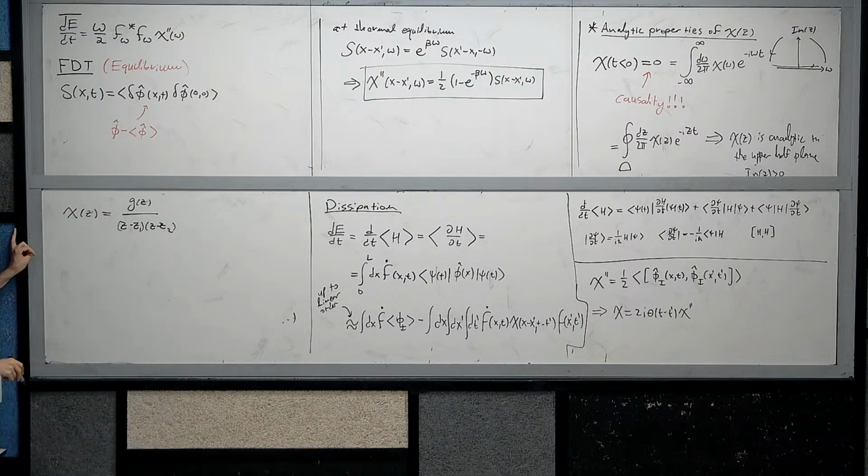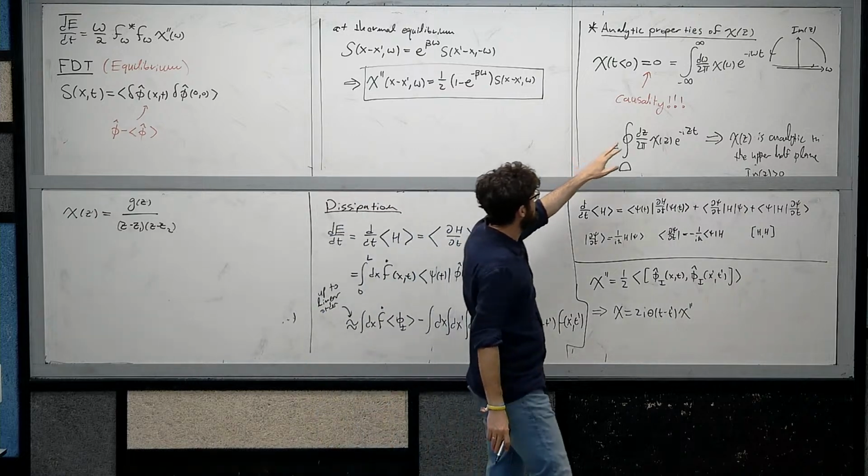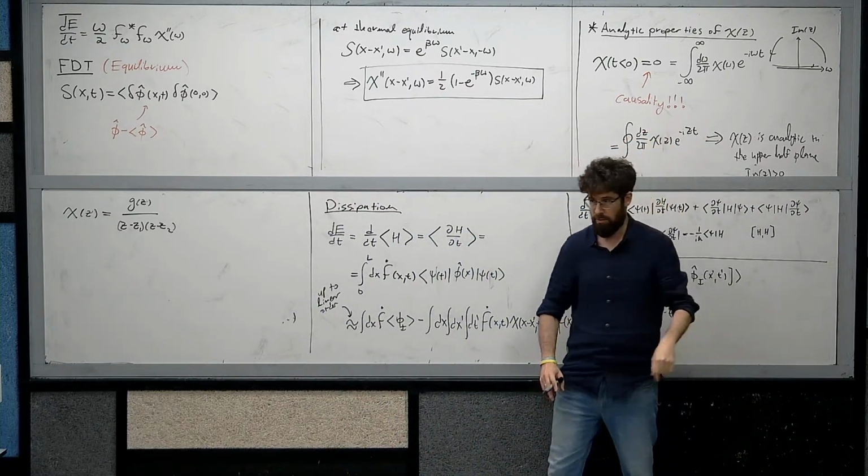Okay, 2 poles that sit somewhere in the upper half plane, and what I demand is that the residue of this integral overall vanishes in this contour.